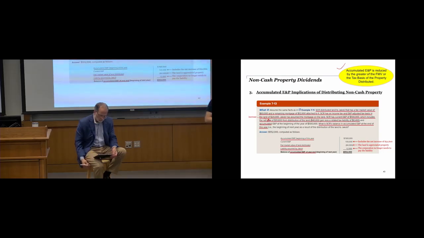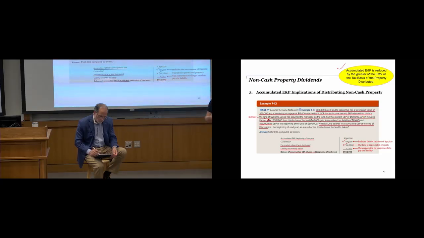So in the previous slide, we talked about the greater of FMV or tax basis of the property distributed. In this case, the fair market value of the property is 60K and the tax basis is 20K, so the greater is 60K. From the beginning of the year, the accumulated E&P is 500K, and then the current year E&P is 100K, and then we deduct the fair market value of the land distributed, 60K.